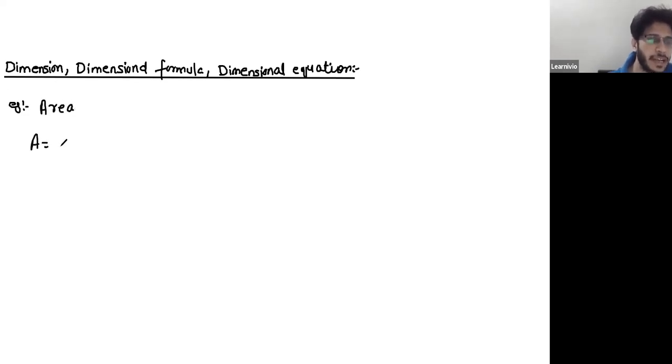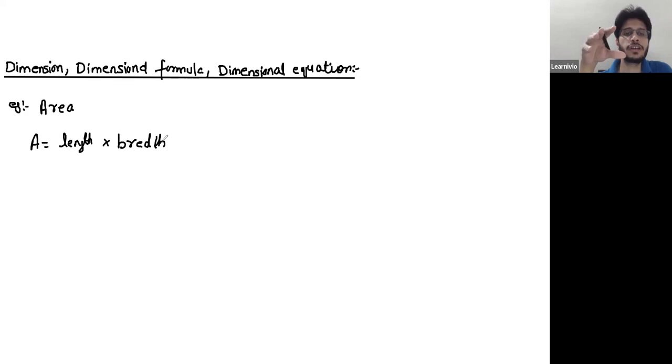You can write area as the product of length and breadth. Now, when we say length is fundamental, this is generic. When you're saying length is fundamental, then every quantity that you measure in meters is length for you.